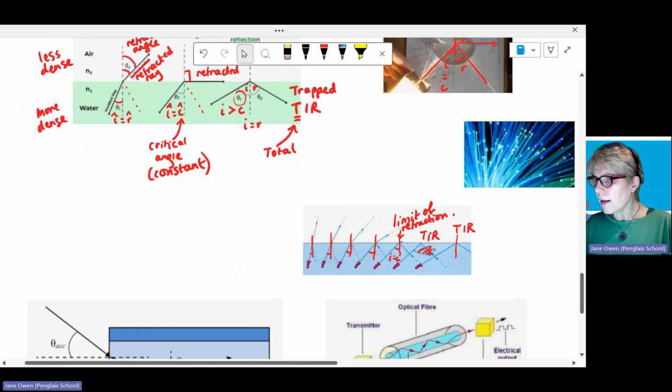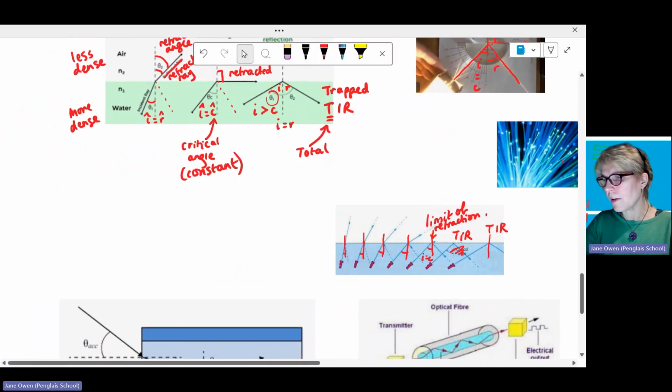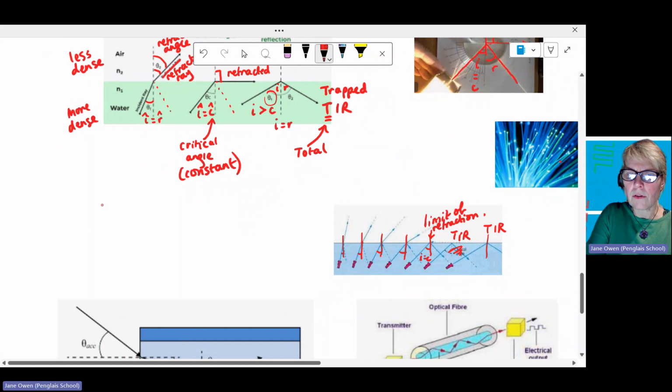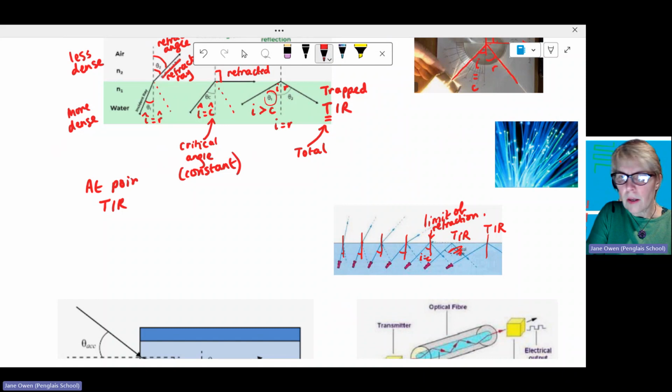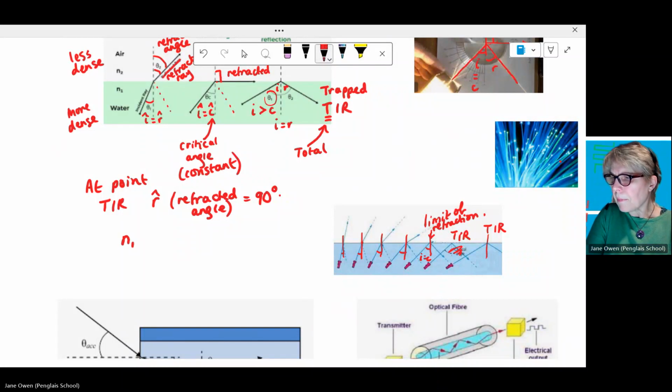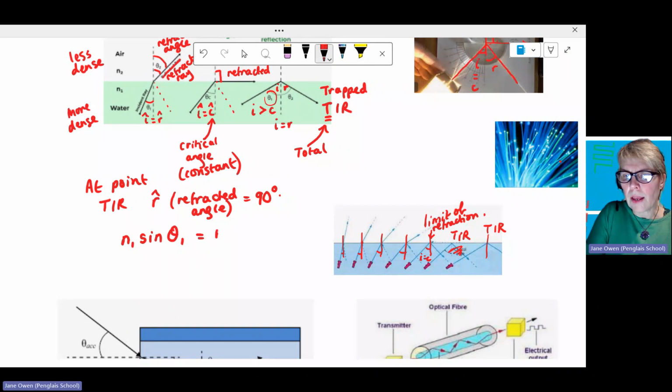But before that, let's have an equation for determining the critical angle. So at the point of total internal reflection, we have that the refracted angle, I'll put that there not to confuse it with the reflected angle, the refracted angle out equals 90 degrees. So from n1 sine theta 1 equals n2 sine theta 2.